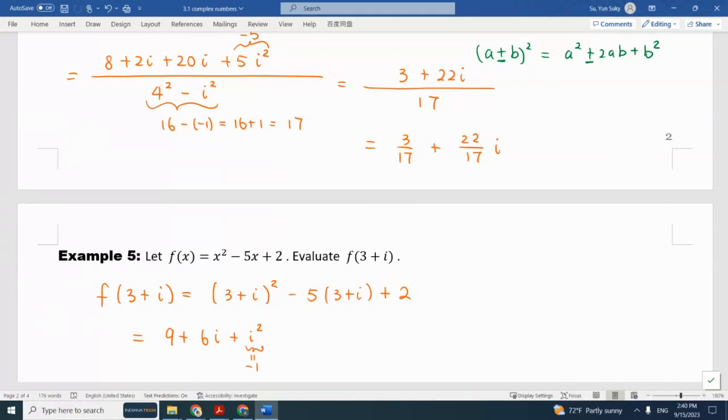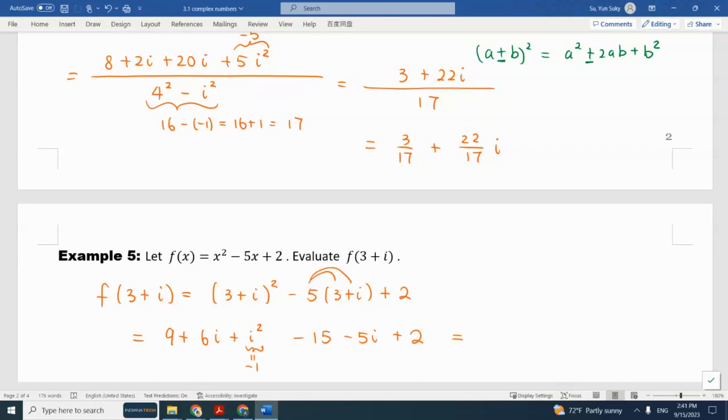Continue. Distribute. What do you get? And then minus 5i plus 2. Okay. What is the constant term? 9 minus 1 is 8. 8 minus 15 is minus 7, plus 2 is minus 5.